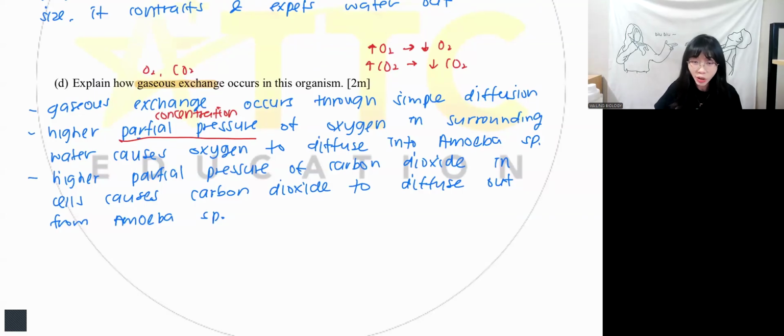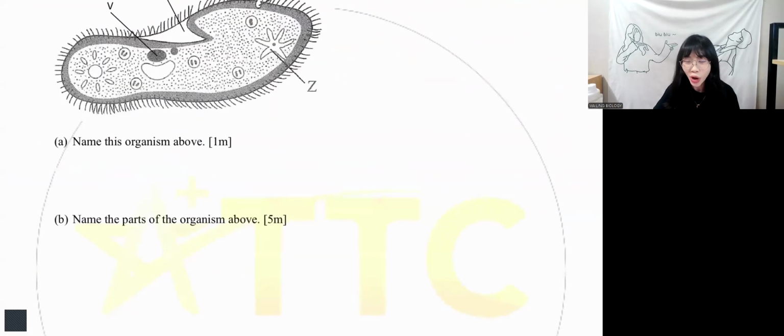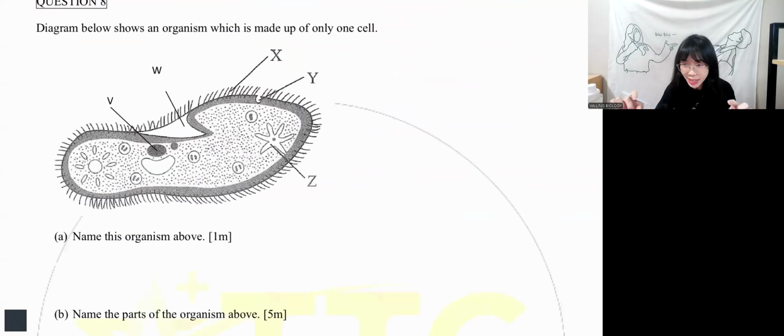Because sometimes if the question is 3 marks, you need to write where oxygen goes, where carbon dioxide goes. So if you only write that one, it is your first mark. Then you have second, third sentences. You still have to talk about your oxygen or carbon dioxide. But it's not wrong to write move down the concentration gradient. It's correct to write that.